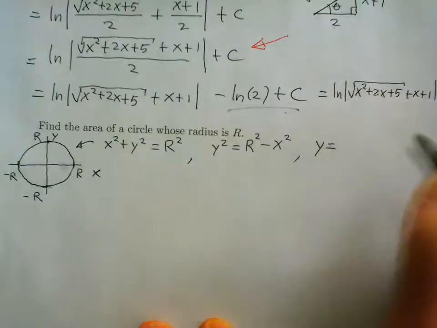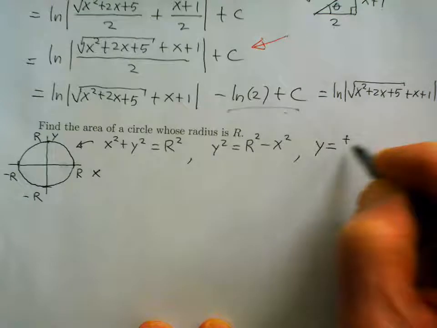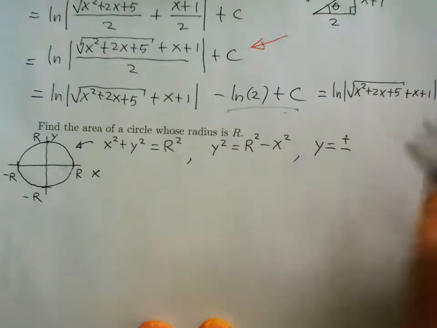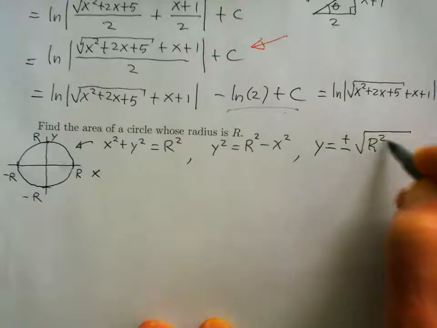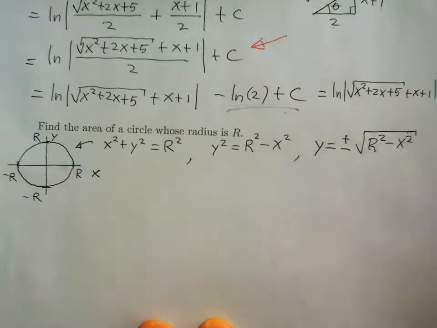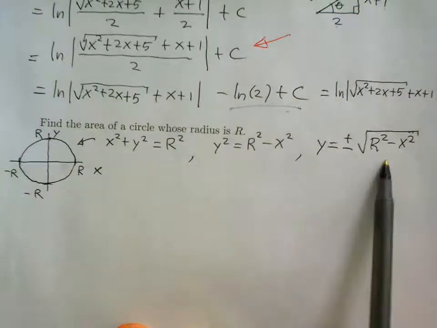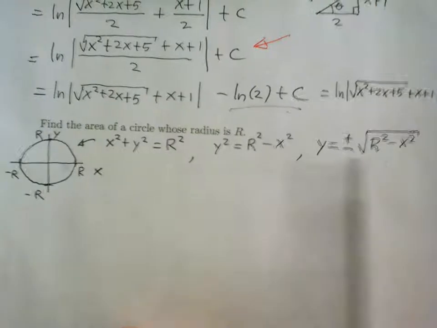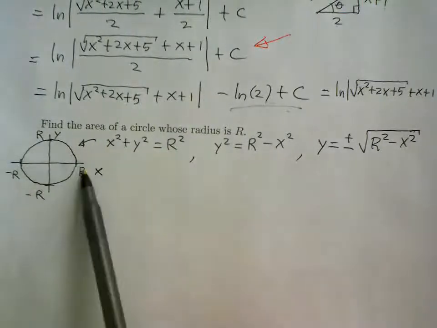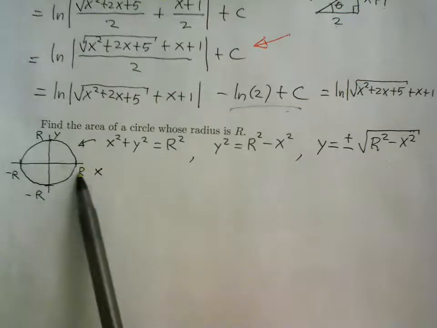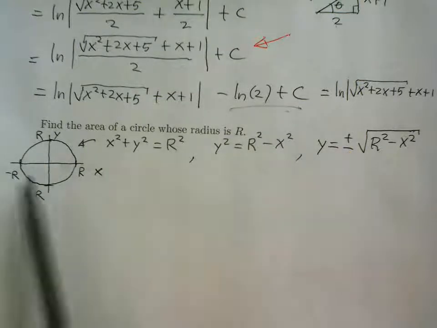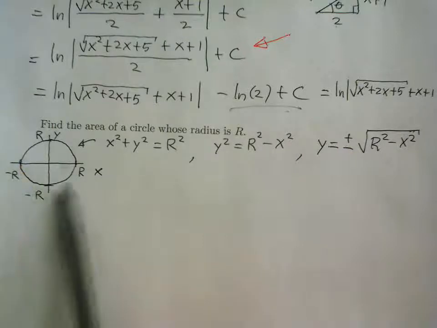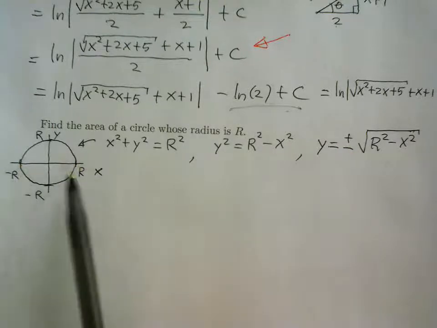Y is equal to positive or negative square root of R squared minus x squared. The positive square root represents the upper half circle centered at 0, 0 with radius R. And the negative solution represents the lower half circle.